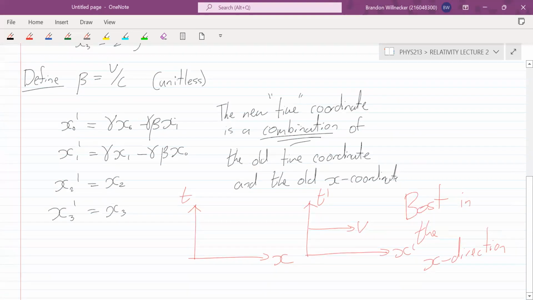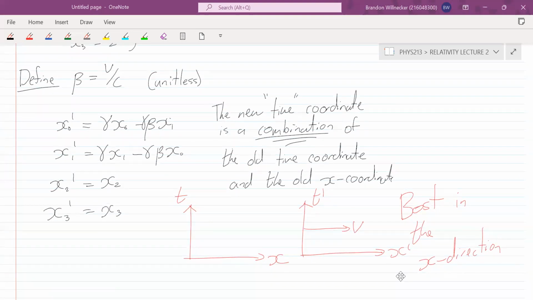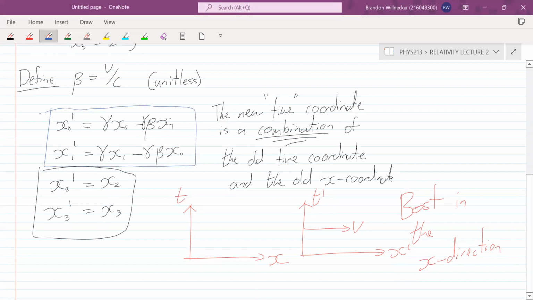Now, since y and z remain the same, because we're only moving in x, we can just leave those out. So these parts here remain the same. We don't have to worry too much about that. However, these first two lines are important. Another thing we can do is notice that this is just a linear combination.